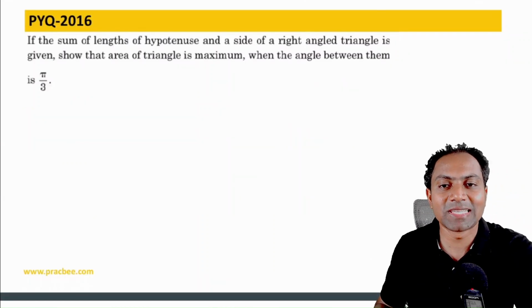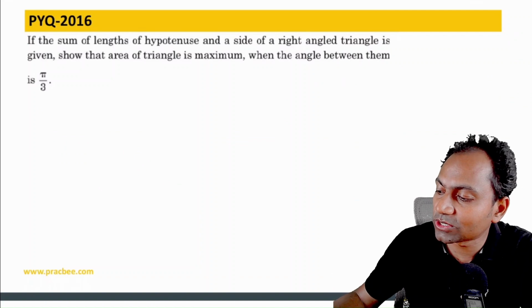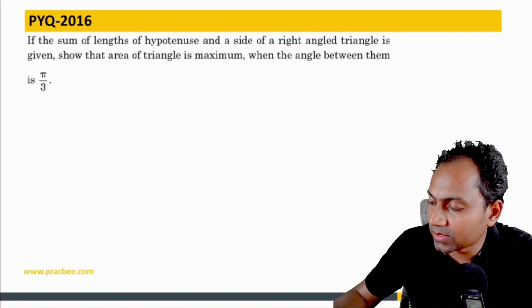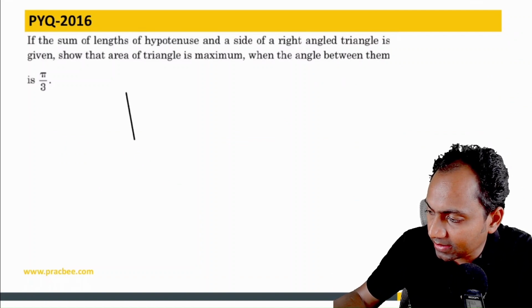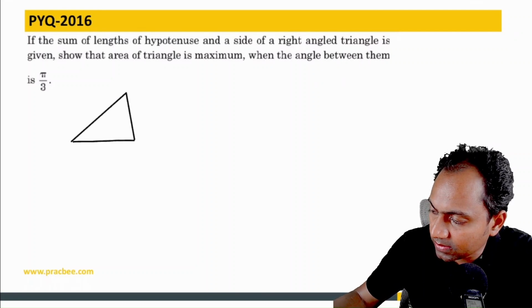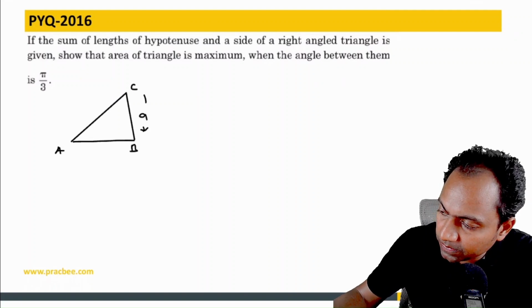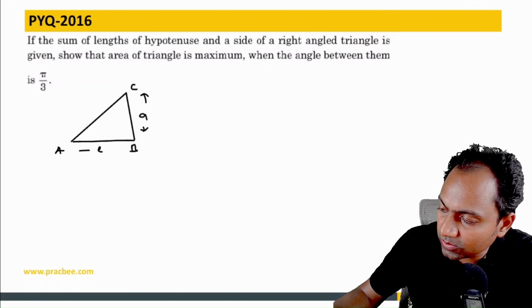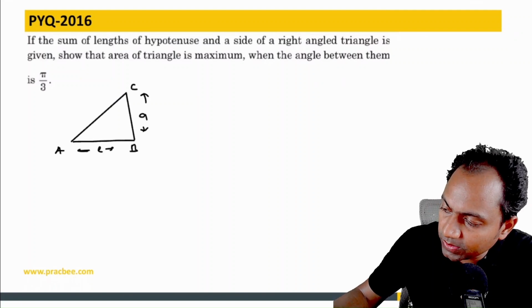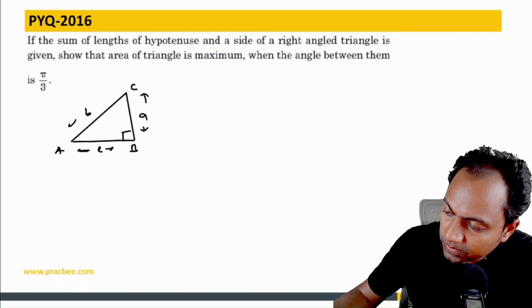Now this 2016 is again a very interesting question. This talks about sum of length. What they're saying is, if I take a triangle ABC, the side opposite to angle A is small a, the side opposite to C is small c, and the side opposite to B is small b.